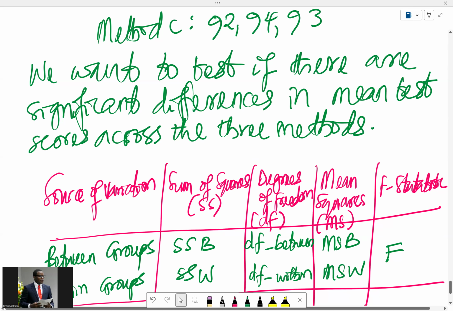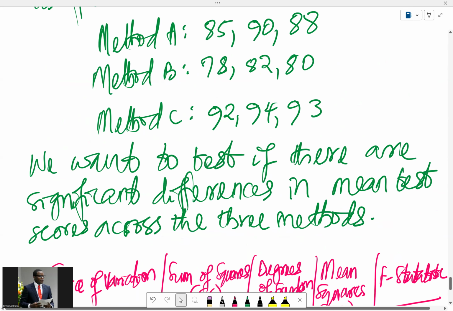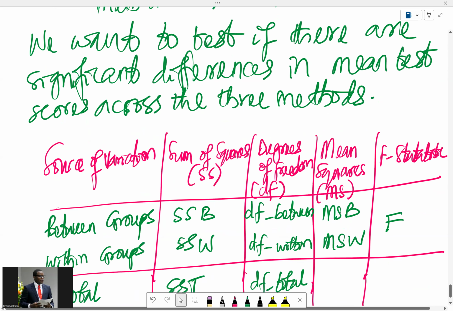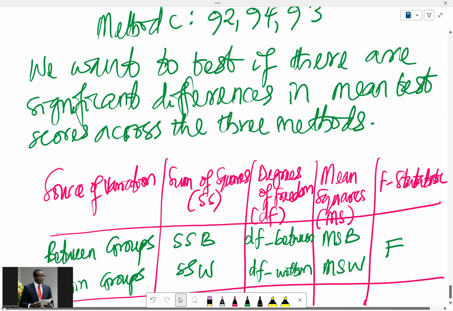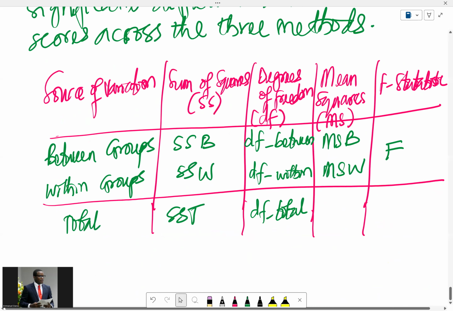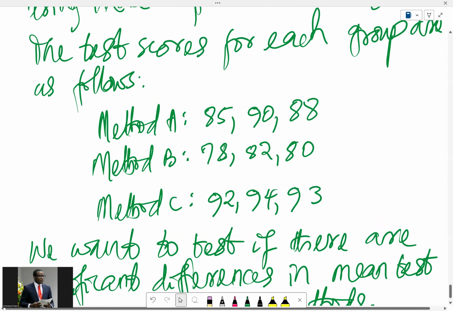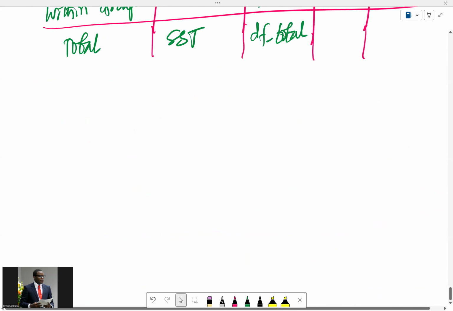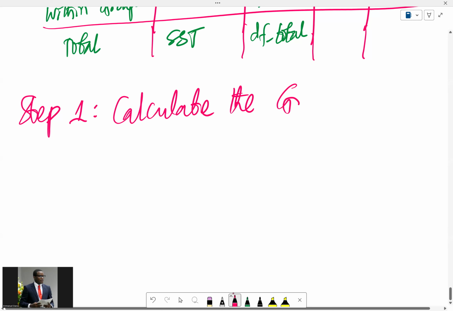The first step, like we know, is to find the means. Step one, calculate the group means.